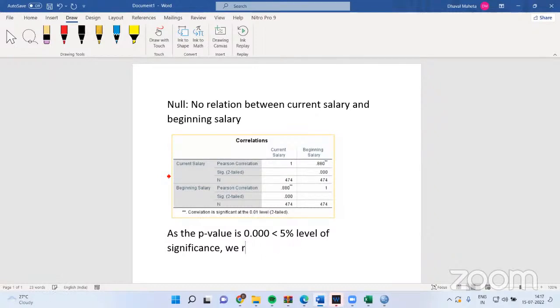Right. Which means that there is a significant relation between salary and salary begin.